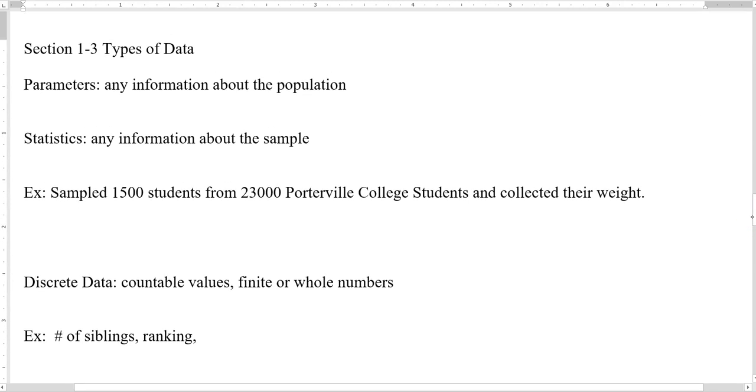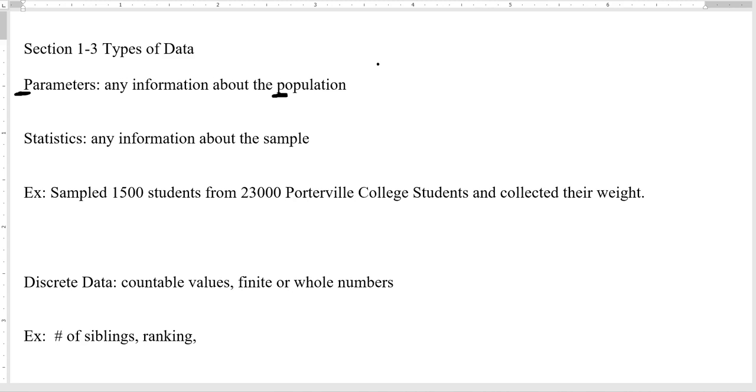Section 1.3, types of data. We have two things, parameters and statistics. A parameter is any information about the population. A statistic is any information about the sample. The convenient way to remember this is that parameter starts with a P, population starts with a P. Parameters are about the population.